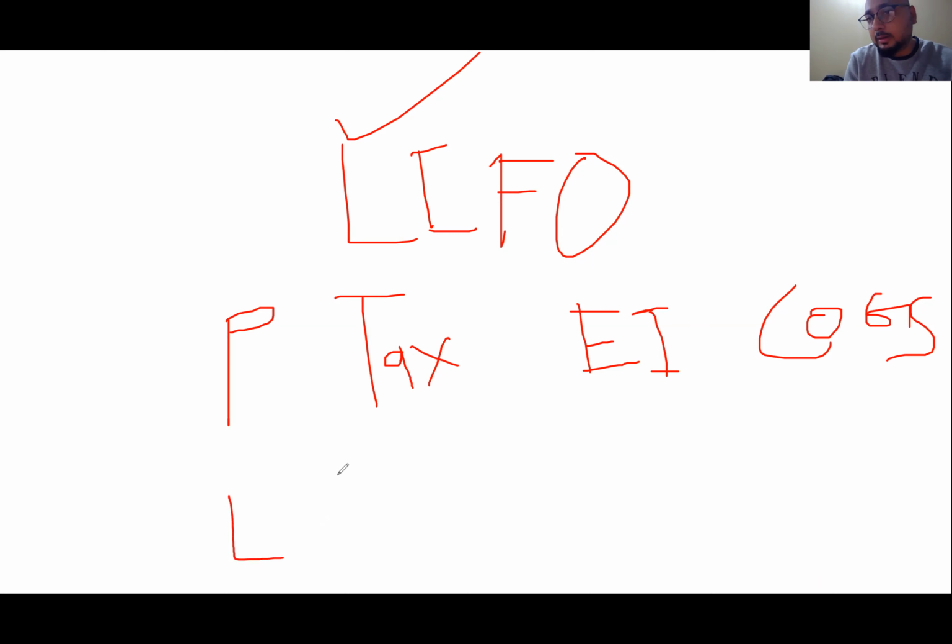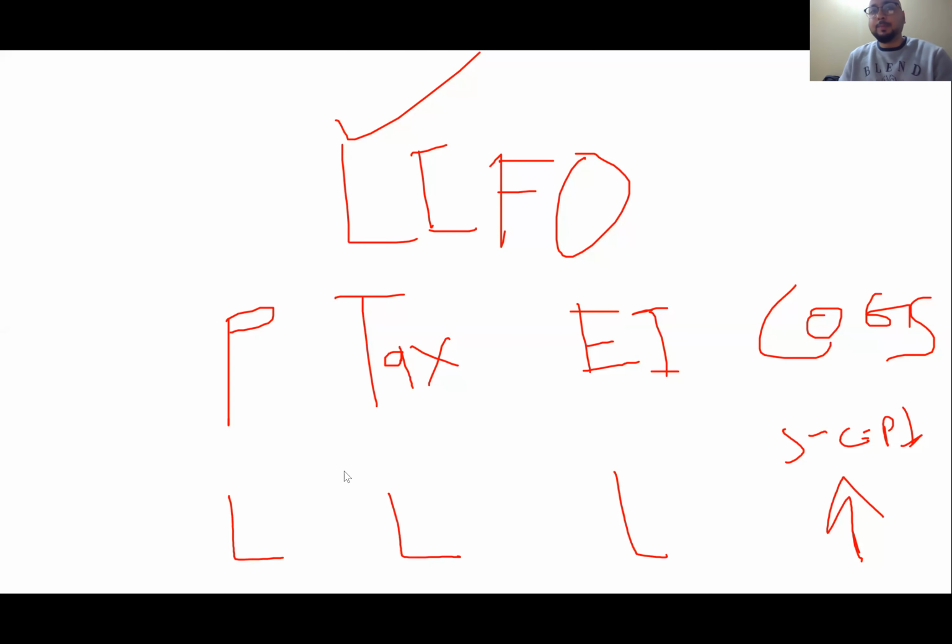Taxes: when profit is lower, of course, when you multiply 30% with the lower value, the answer will be lower. Ending inventory, lower. Cost of goods sold, because sales minus cost gives profit, that's why profit is lower. It's because cost is highest. So in FIFO, you can just reverse it. In FIFO, profit is higher, tax is higher, ending inventory is higher, and cost of goods sold will be lower because profit is higher. Understand? So you can have a hint here. Just write it down, and it's going to help you remember the characteristics of LIFO.